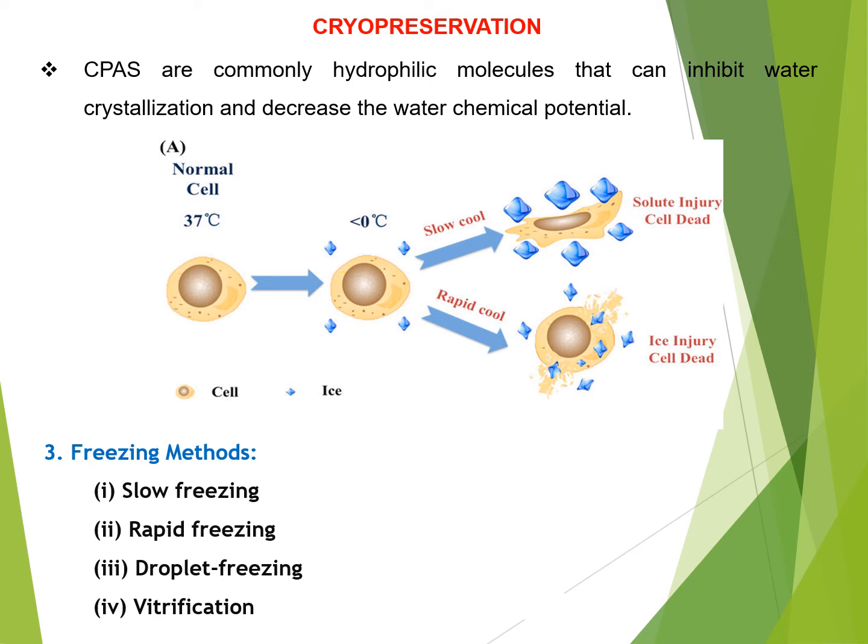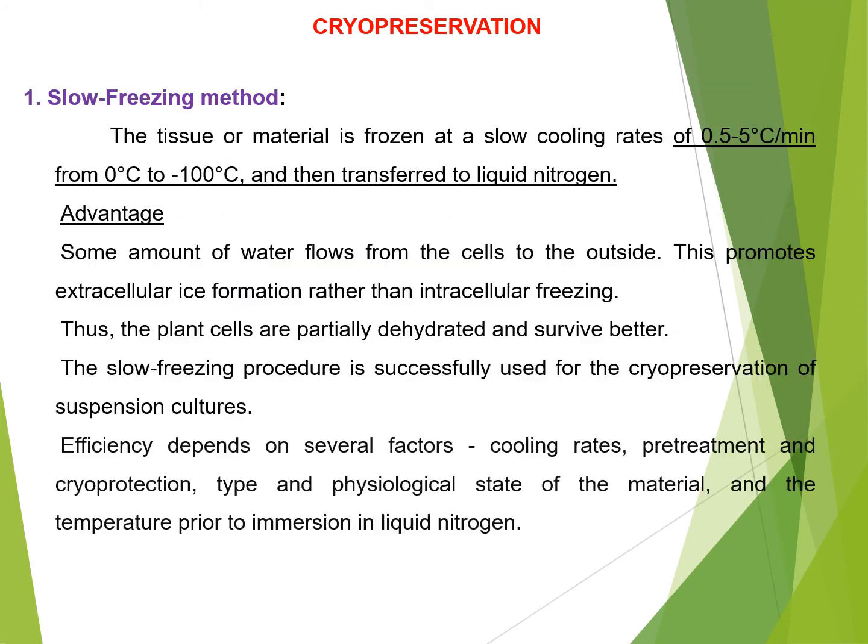After treatment with cryoprotectants, the samples are frozen. Various freezing methods are slow freezing, rapid freezing, droplet freezing, and vitrification. Slow freezing method. In this method, the cells or the tissues are cooled at a very slow rate, 0.5 to 5 degrees per minute from 0 to minus 100 degrees centigrade and then transferred to liquid nitrogen.